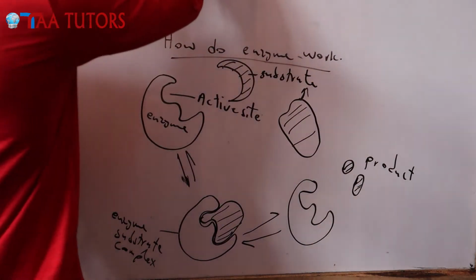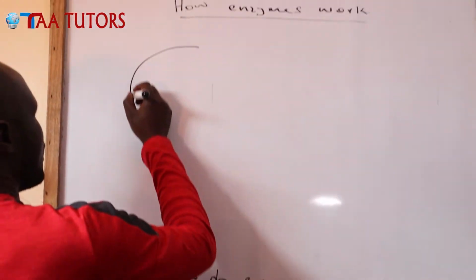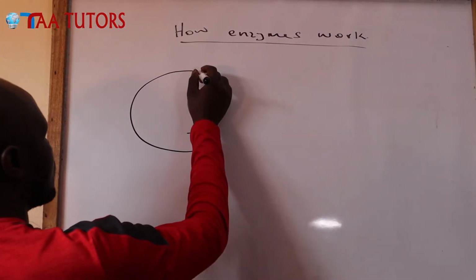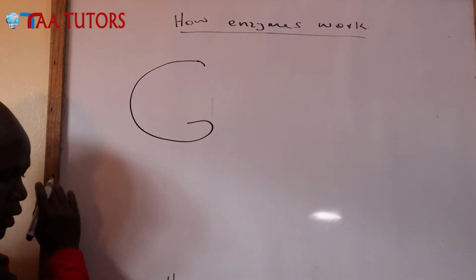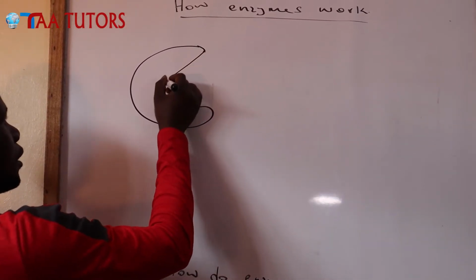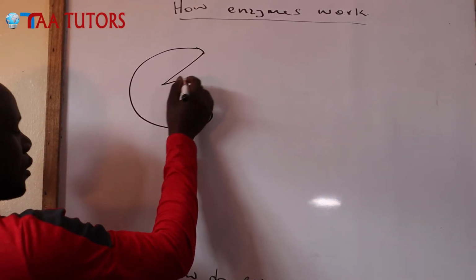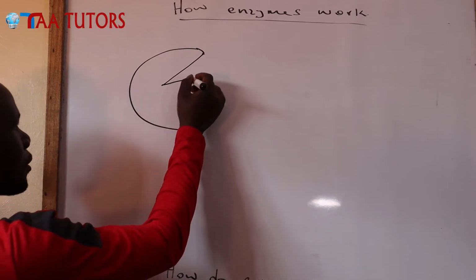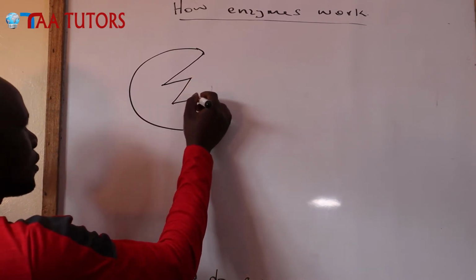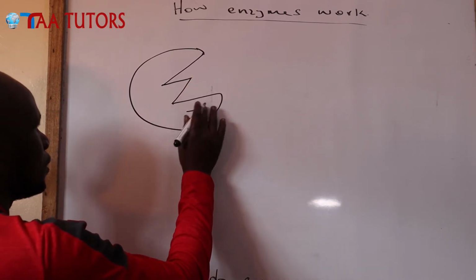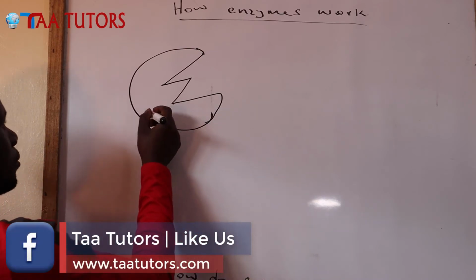Like for example, if I have an enzyme that has this type of active site, this is my new enzyme that I'm referring to. So this is my enzyme.